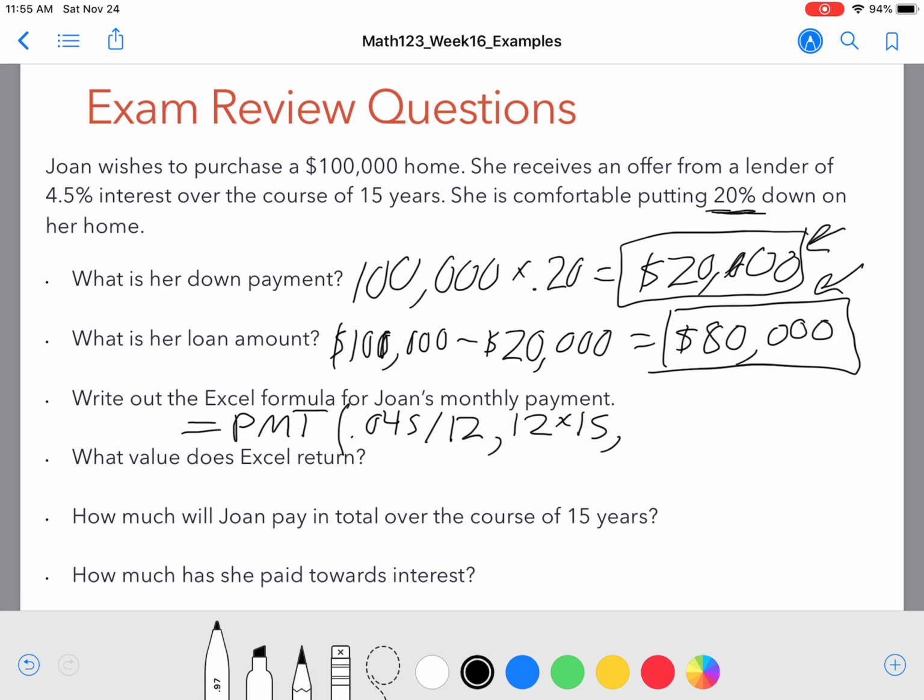And then we put another comma, and then we always put a negative sign, and then we put in how much she is borrowing, which in this case is going to be $80,000. And if you remember, don't put a comma in the $80,000 because otherwise Excel will think that you're doing something strange. So I'm going to go ahead and open Excel because the next part asks, what does Excel return?